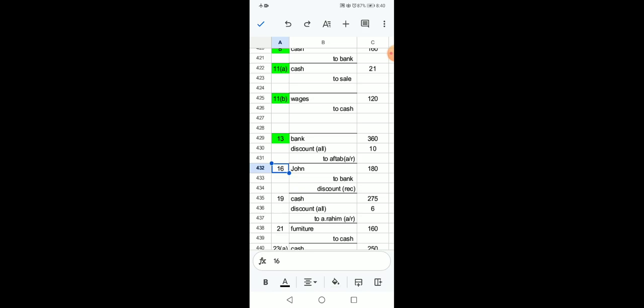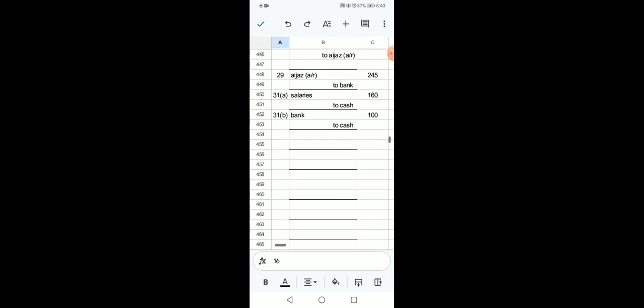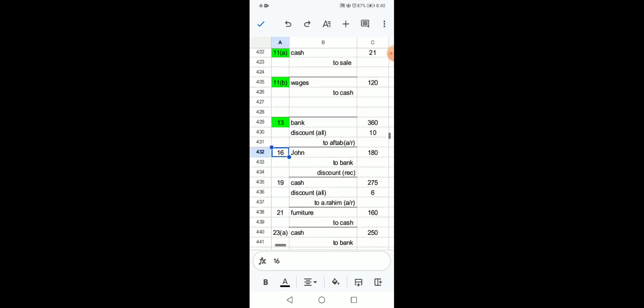Let's see what is next for us. That is the 16th entry. One second, I'll have to check that both entries have been posted, 360 and 10. Okay, 360 and 10 both have been posted. Entry number 13 completed. In entry number 16, there are 3 elements, but we are associated with 2 elements only, bank and discount. Both will be posted in the cash book, so we will post them step by step.